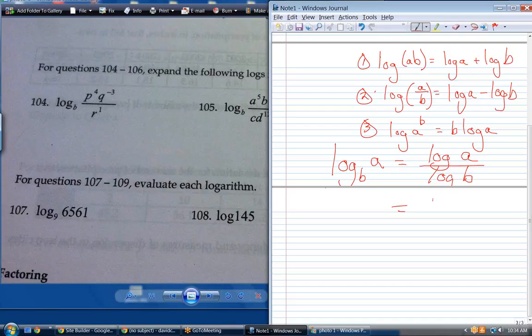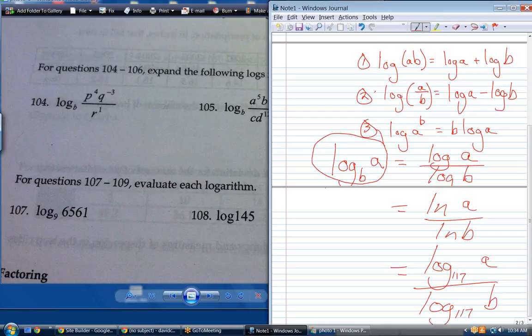It's also equal to the natural log of A divided by the natural log of B. It's also equal to the log base 117 of A divided by the log base 117 of B. In other words, any log ratio of A over B gives you this. So you're right, it's a calculator problem, but it's equal to the log base anything. In other words, you can use your log key on your calculator, or you can use your natural log key on your calculator.